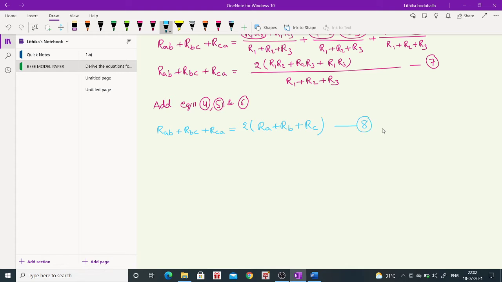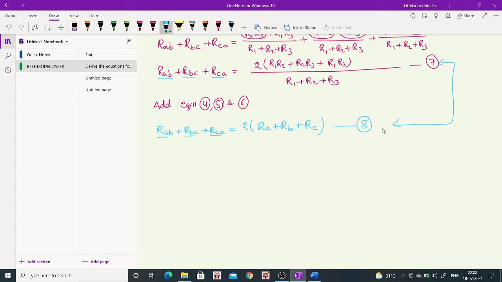If you compare equation 7 and equation 8, you have RAB plus RBC plus RCA on the left hand side in both. As the left hand side is equal, I can equate these two.